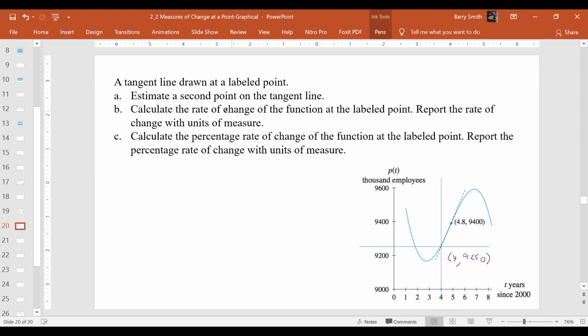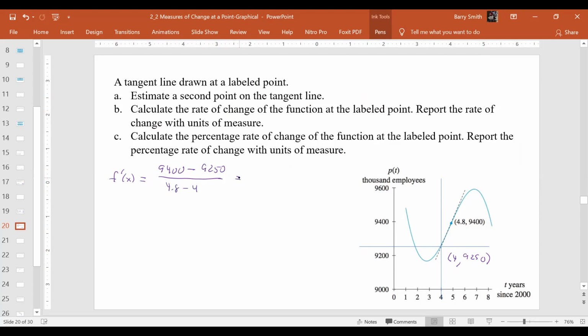All right, so now it says calculate the rate of change of the function at the label point. Report the change with units of measure. Okay, so we want the rate of change. Now, remember, that's going to be our f prime of x. And so if we use these 2 points, it's going to be 9400 minus 9250 divided by, and now we have 4.8 minus 4.